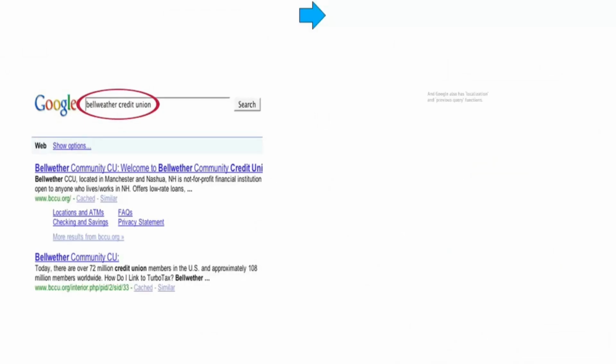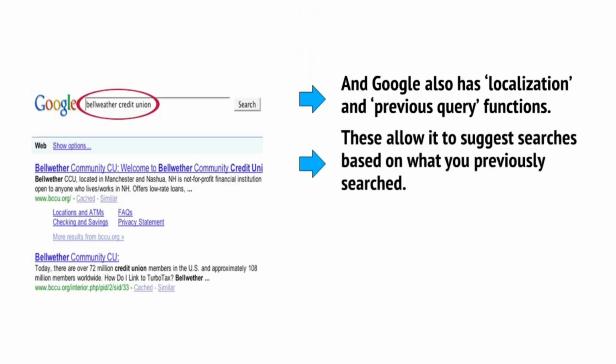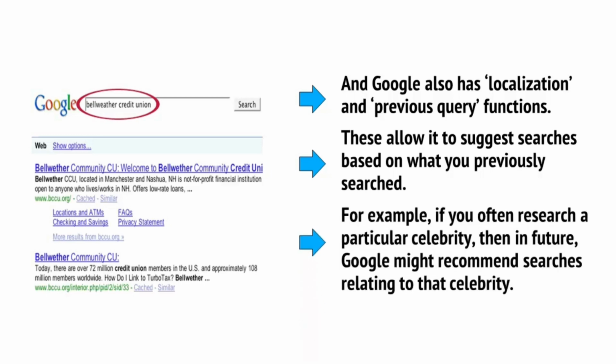And Google also has localization and previous query functions. These allow it to suggest searches based on what you had previously searched for. For example, if you often research a particular celebrity, then in the future, Google might recommend searches relating to that celebrity.